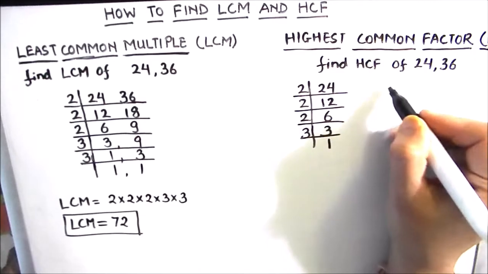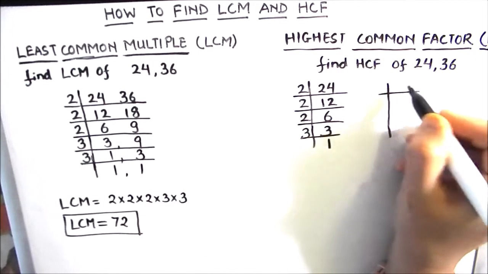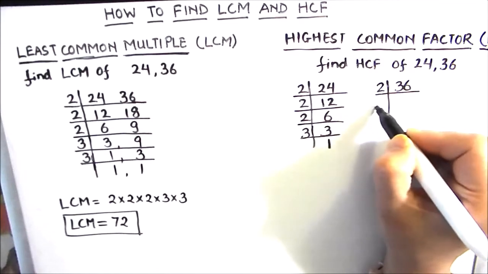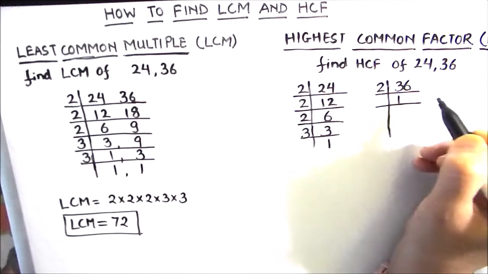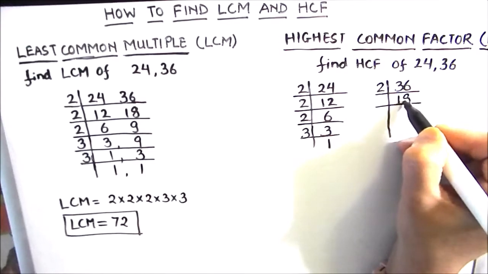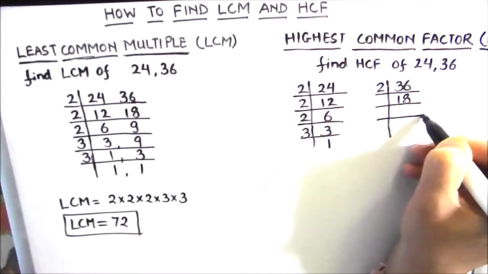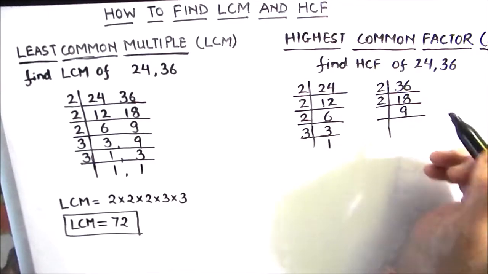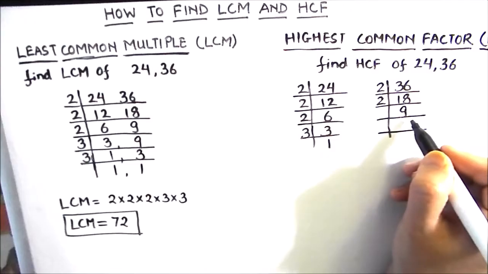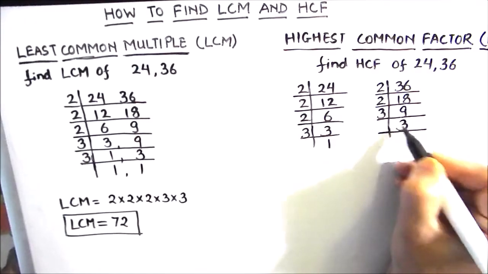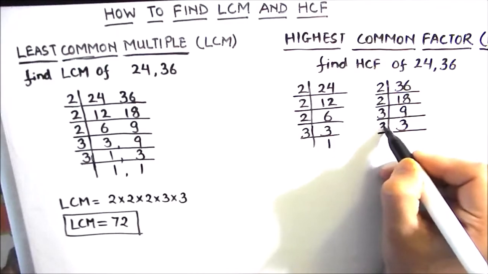Let's divide 36 and find its factors. 36 is also even. It is divisible by 2. 2 times 1 is 2, 1 is remainder, this becomes 16, 2 times 8 is 16. Next 18 is divisible by 2, 2 times 9 is 18. 9 is an odd number, it is divisible by the number 3, 3 times 3 is 9 and 3 times 1 is 3.